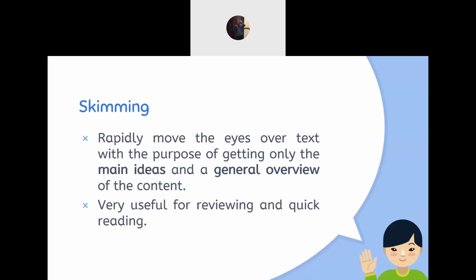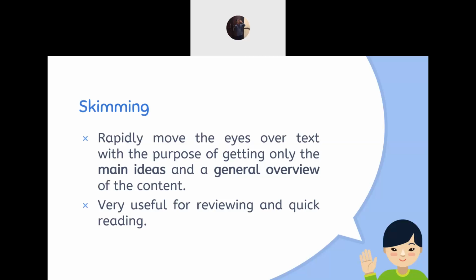Let's say the novel that you learn is We Didn't Mean to Go to Sea, a novel that you learn in Form 3. After you read it for the first time, your teacher asks you to write a review on the novel. So how are you going to do it? You are not going to read the novel again, but you use skimming.